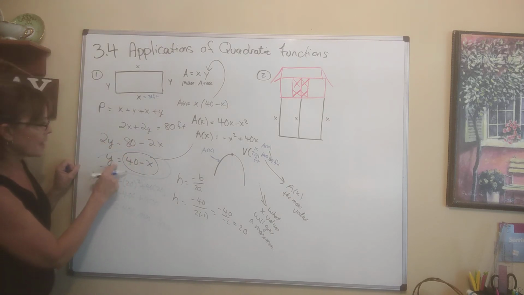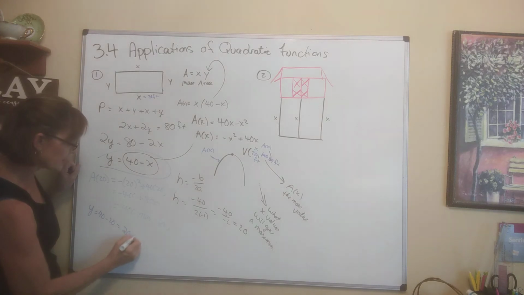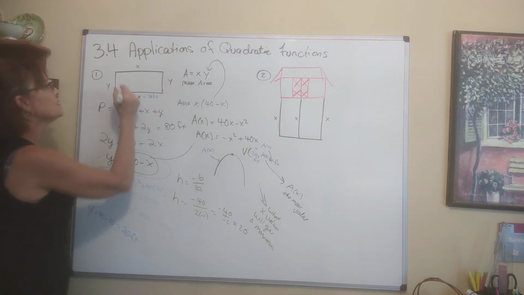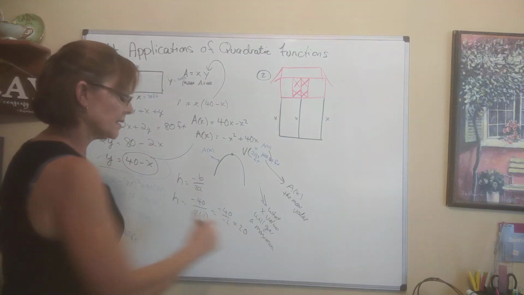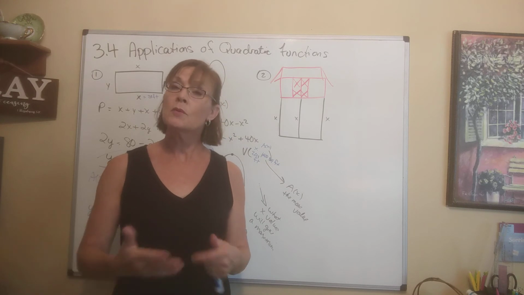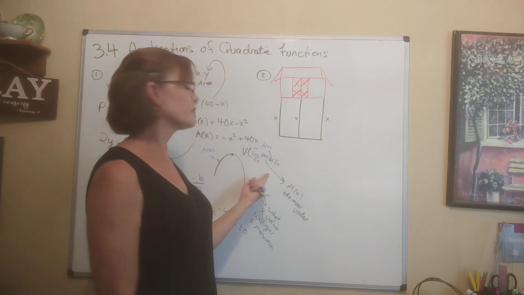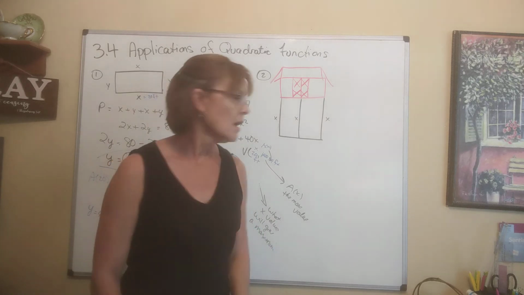I'm going to plug it in this one and get y is equal to 40 minus 20. And so y also is going to be 20 feet. So the dimensions that will give a maximum area. Instead of writing out the sentence, this is what you should write down if I ask for a sentence: the dimensions that would yield a maximum area of 400 square feet would be 20 feet by 20 feet. Okay, something like that.